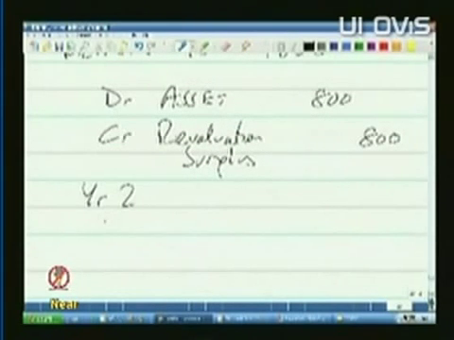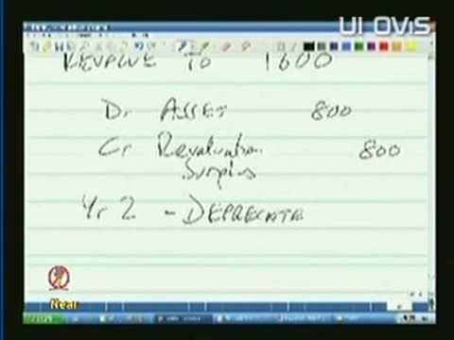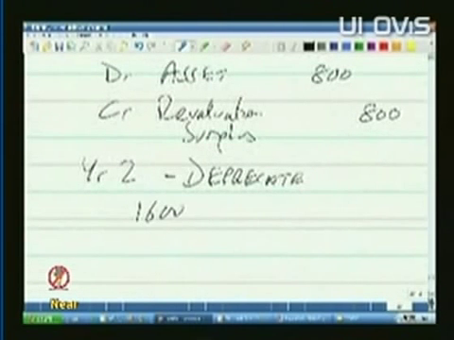In year 2, I also depreciate, and I've now got a carrying value of 1,600 that I now need to depreciate down to nil over the remaining life, which is 4 years. So therefore I've got 400 depreciation.